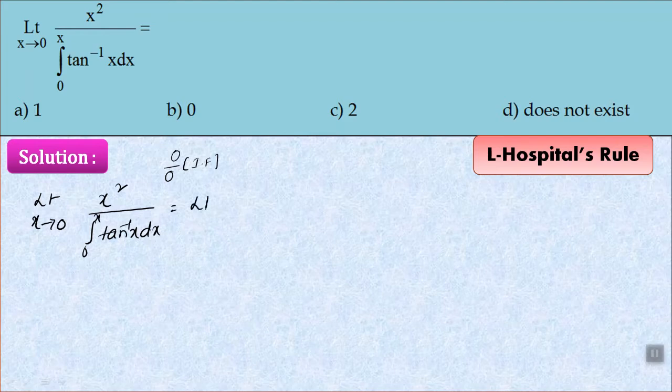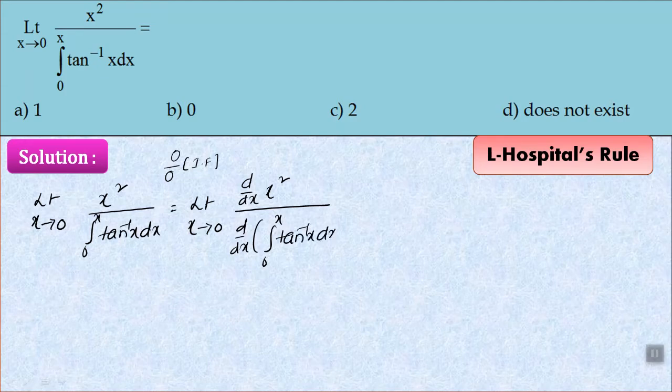This equals to limit x tends to 0. Now differentiating numerator and denominator with respect to x, d by dx of x square divided by d by dx of integral 0 to x tan inverse x into dx, is equals to limit x tends to 0, differentiation of x square is 2x, divided by, here differentiation and integration cancel, tan inverse x.